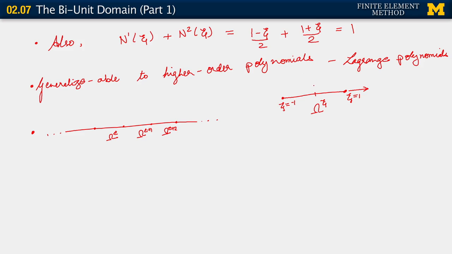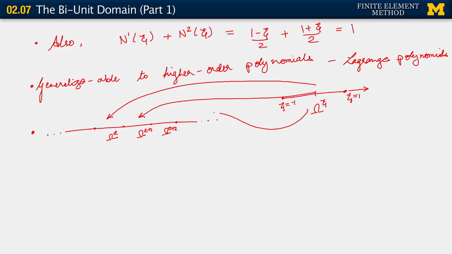Note that an arbitrary element omega e or omega e plus 1, or whichever one we want, is always constructed as a mapping from the same parent element, as it is sometimes called, in the bi-unit domain.